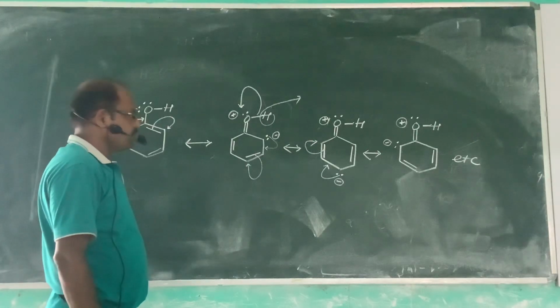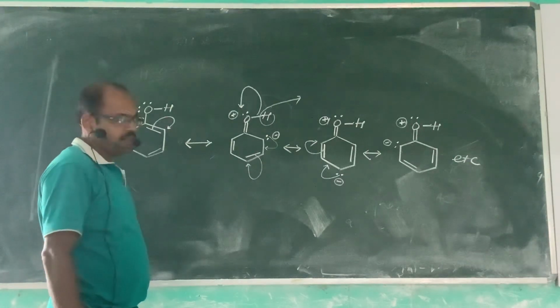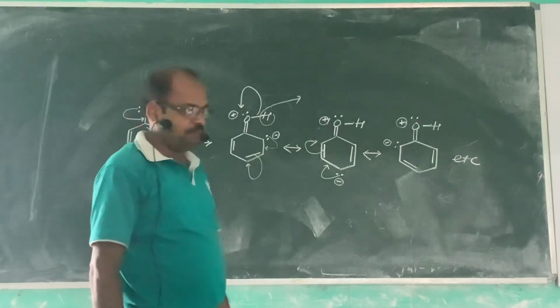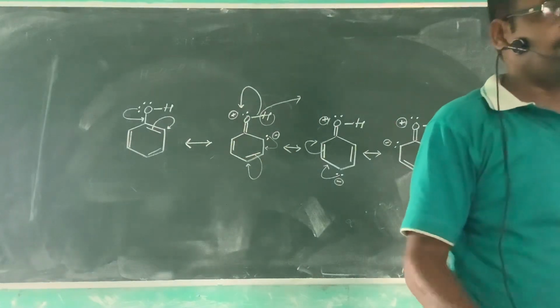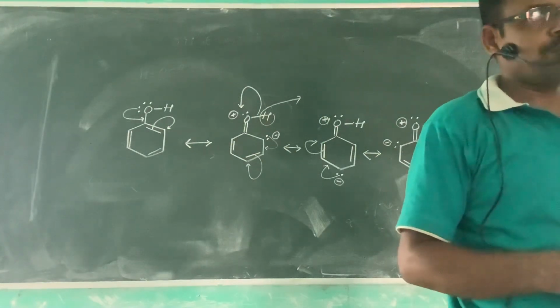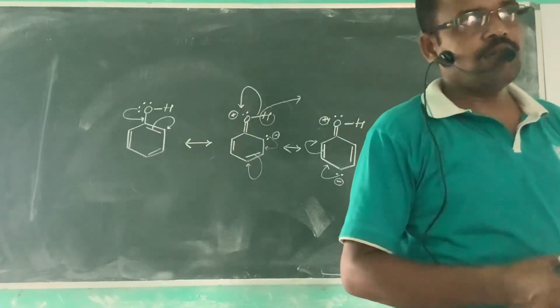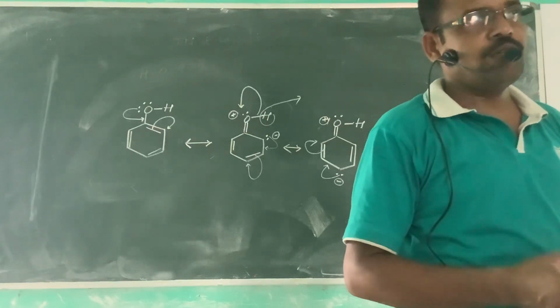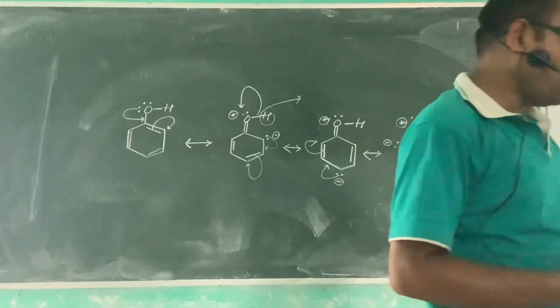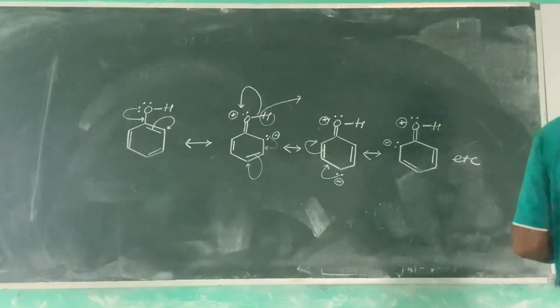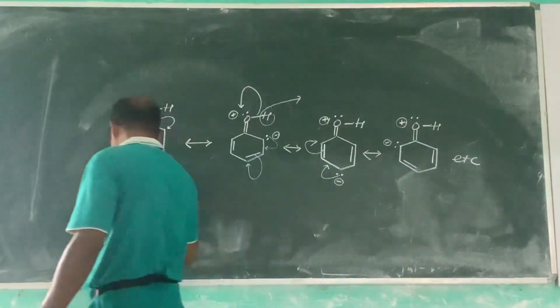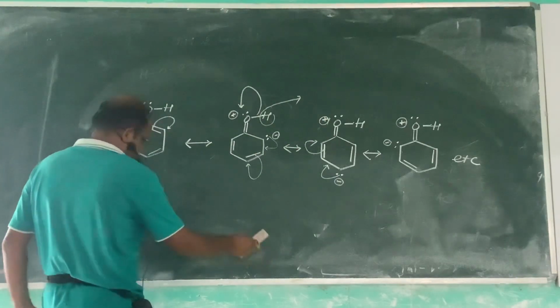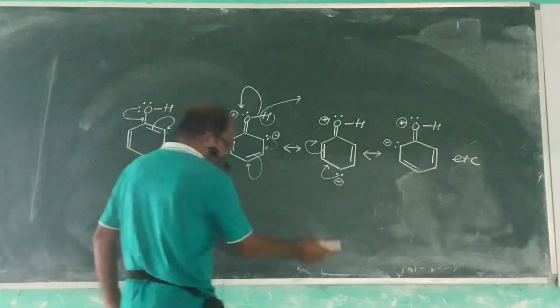You know that a substance which provides H+ is called an acid. That means phenol is acidic in nature. Due to resonance, the oxygen atom of phenol acquires a positive charge, so the shared pair of electrons between hydrogen and oxygen is shifted more towards oxygen, making the release of H+ easier, which explains the acidic nature of phenol. It means phenol is acidic in nature.